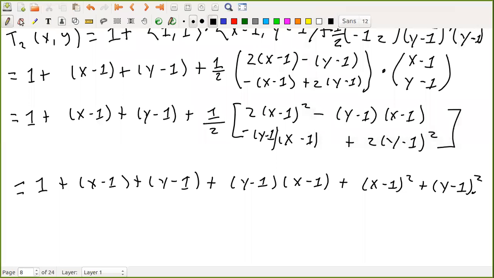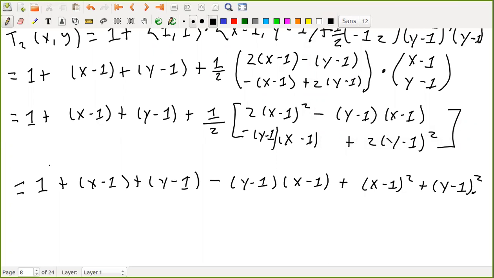Okay, and of course, one more mistake here. This should be a minus sign. Okay, sorry about those mistakes, but this now is the correct answer.